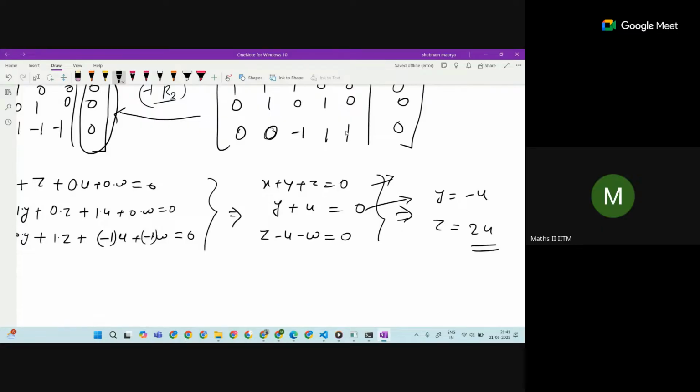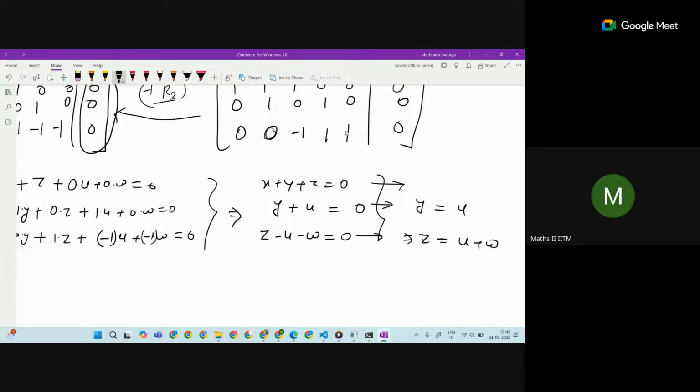Okay. And the first one, let's remove all this now. Again, you can send this: z is equal to u plus w, and the second equation gives y is equal to minus u.